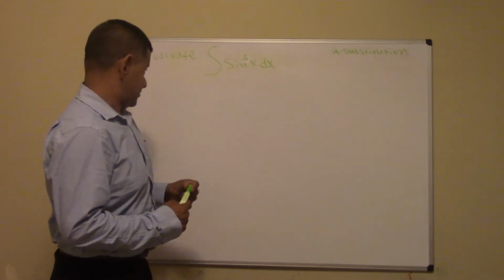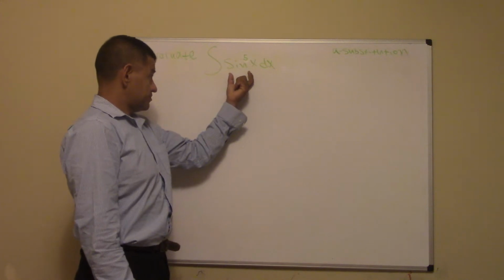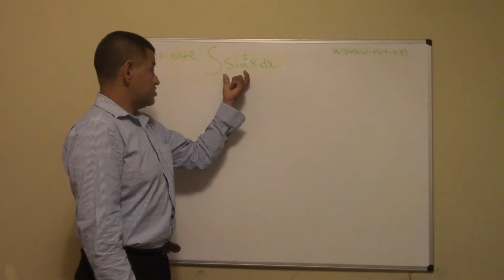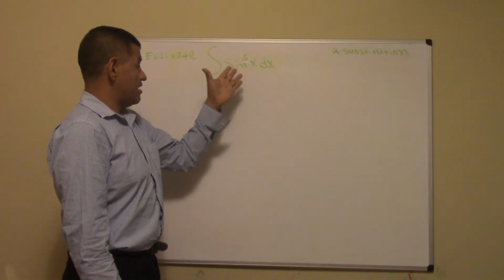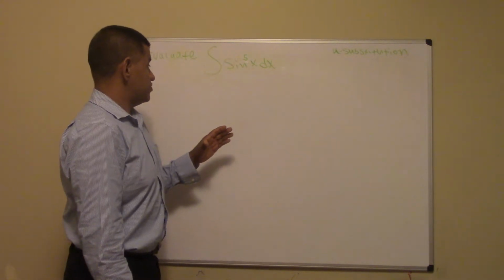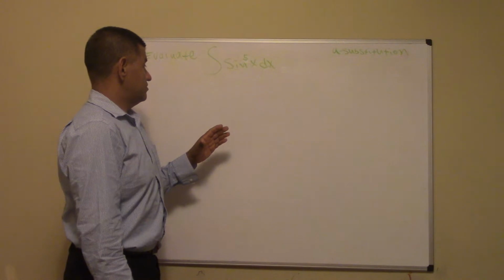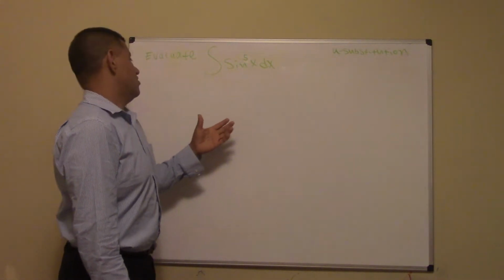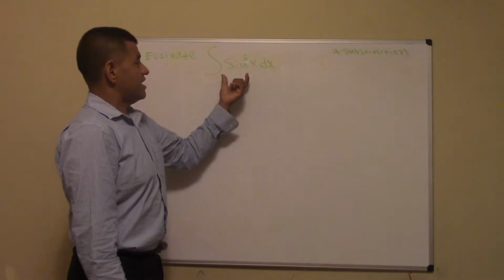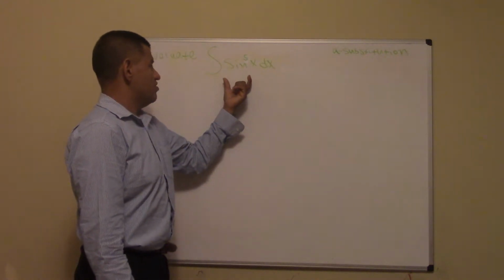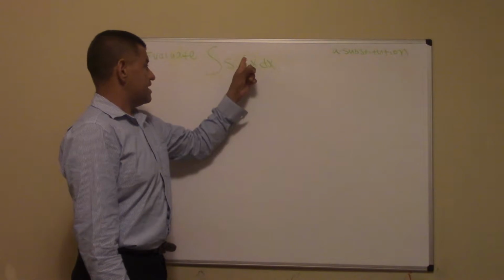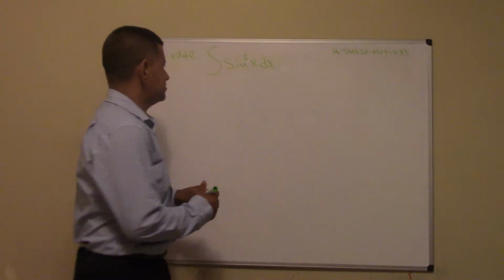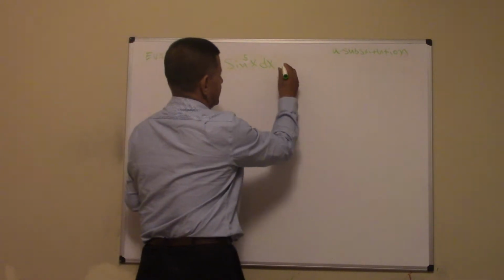So what we can do is break it down into two different functions, or make this an even power so we can use a trigonometric function.